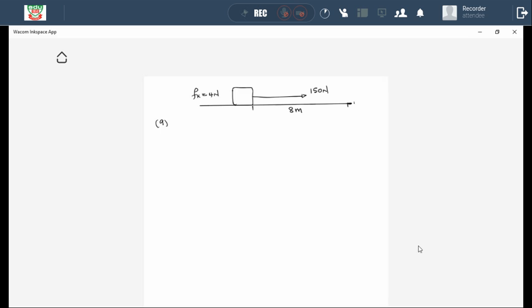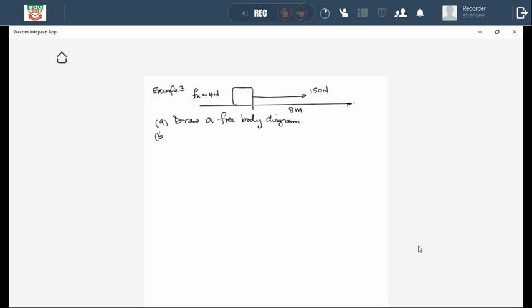So this is my example 3. A says draw a free body diagram, and this free body diagram must show all the forces acting on the block as it is moving through that distance of 8 meters.